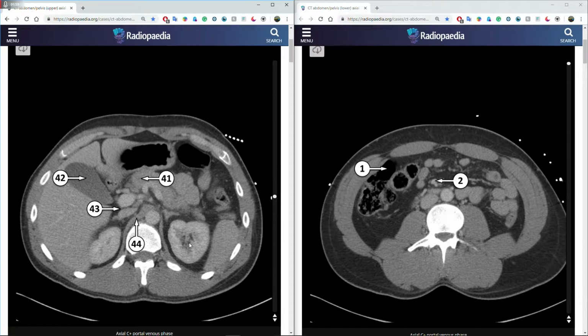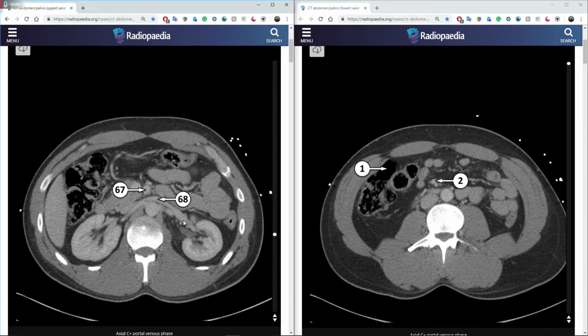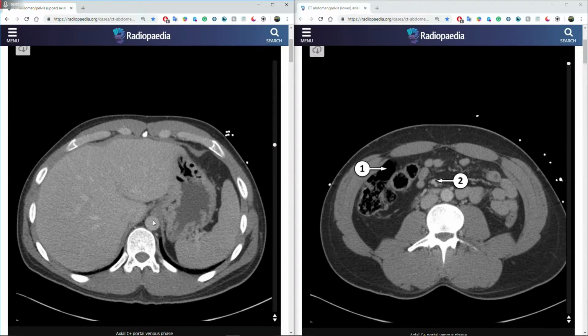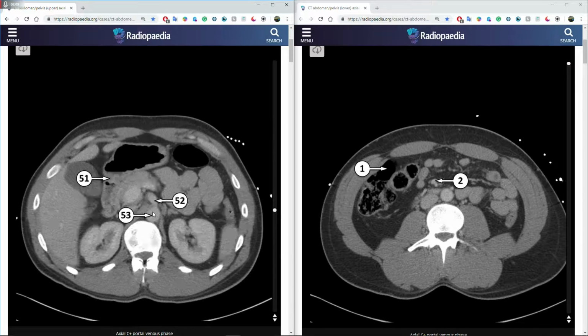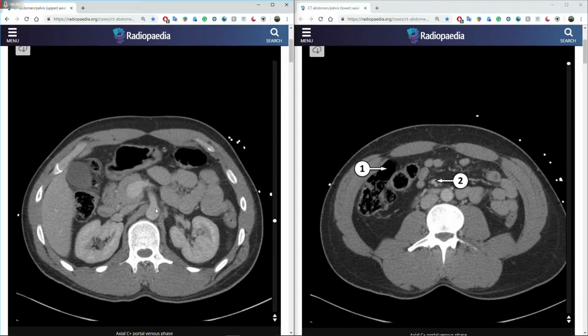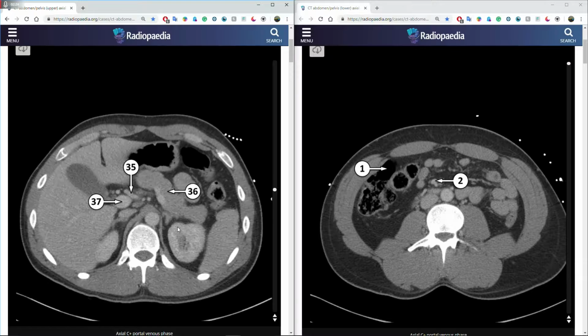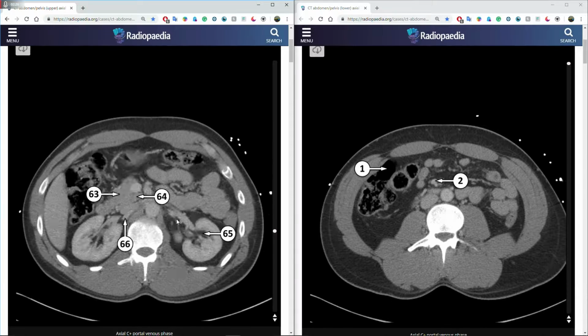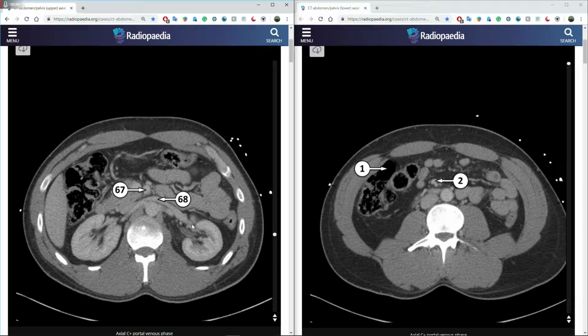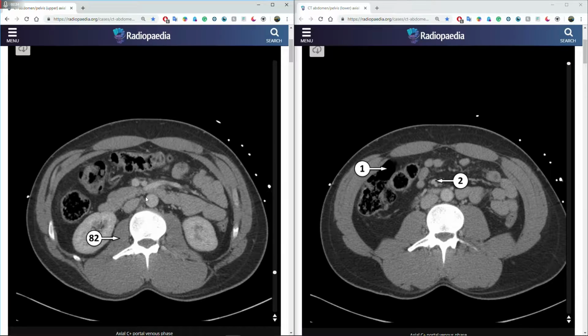We can see here the kidneys, and if we follow along with the aorta, we can see here the right renal artery crossing over and attaching to the aorta. And if we follow the other kidney, we can see the left renal vein crossing over and joining with the inferior vena cava.